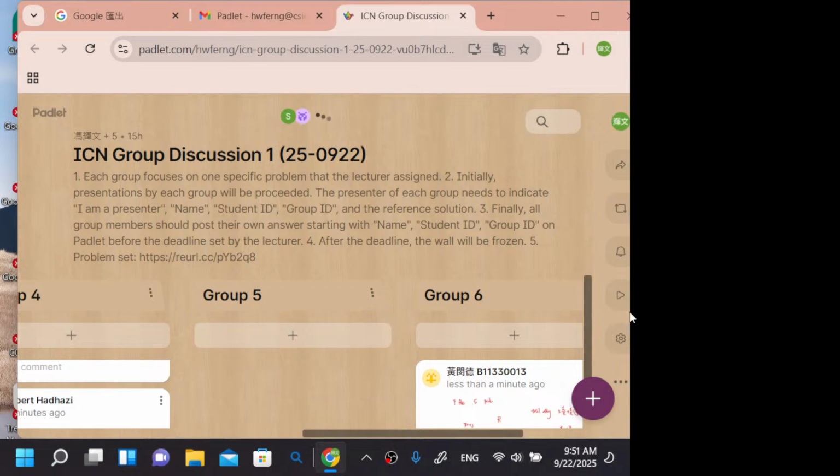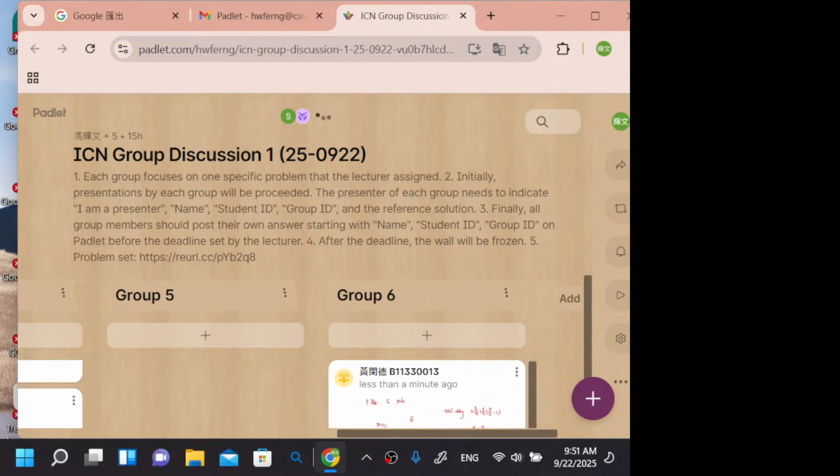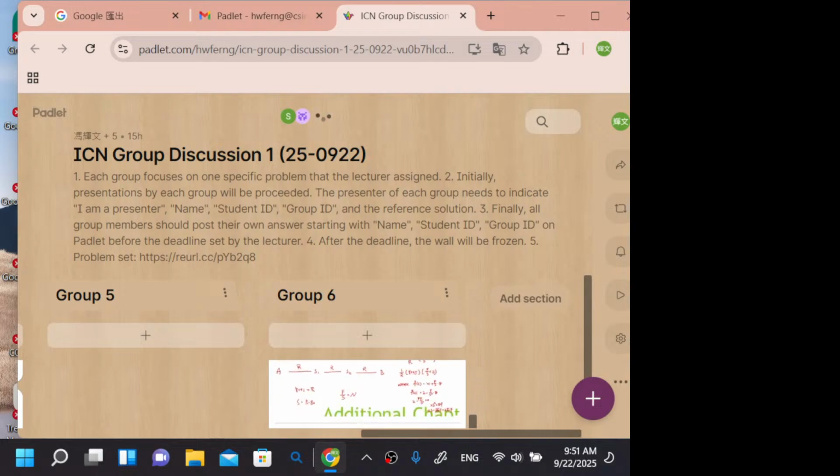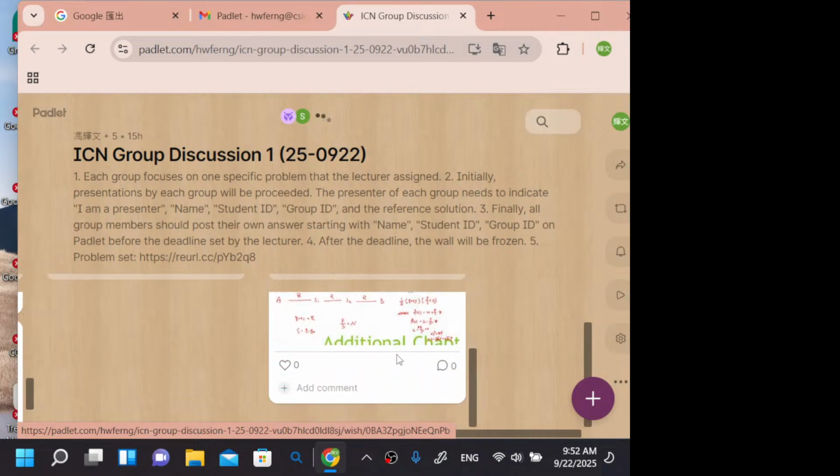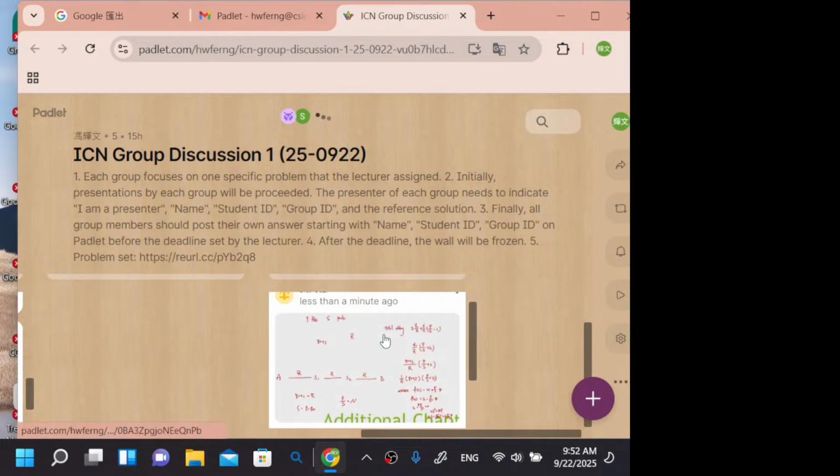Same, you can show your answer here to indicate the presenter. And group 6, Huang Mingde, are you the presenter? Yeah, so you need to indicate I am the presenter, because you can receive the bonus after the presentation, and also receive the point for the current problem.